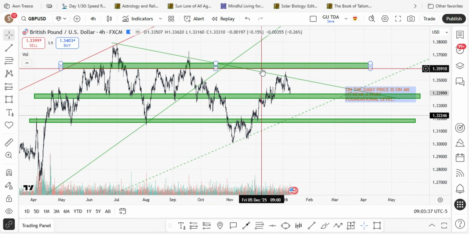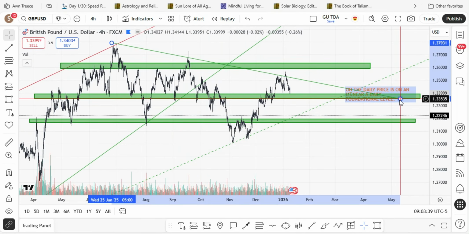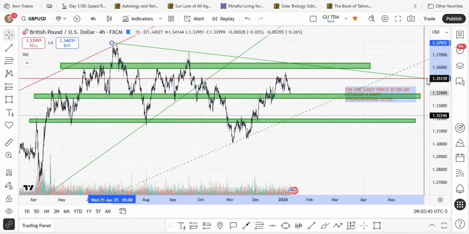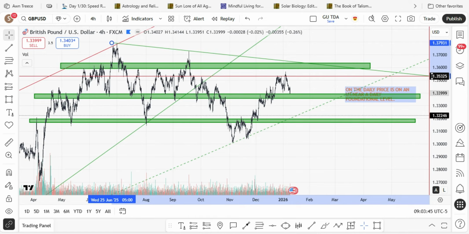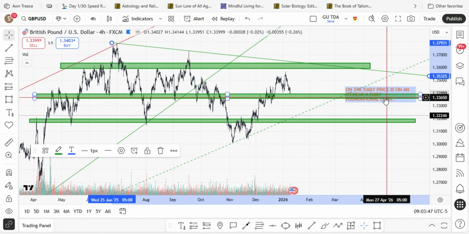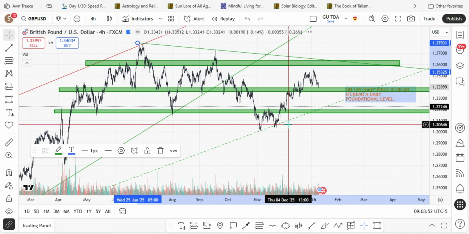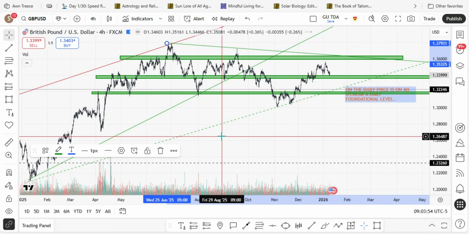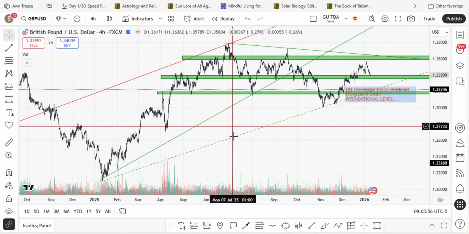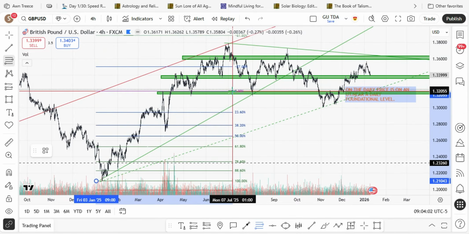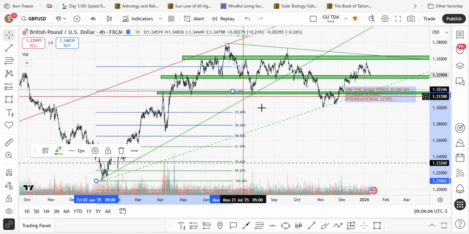So I'll put it through there. Kind of through price, but I'm gonna put it back up here. Because, well, I'll wait till I get to the 1 hour to see why. But for the 4 hour, main structure was here.